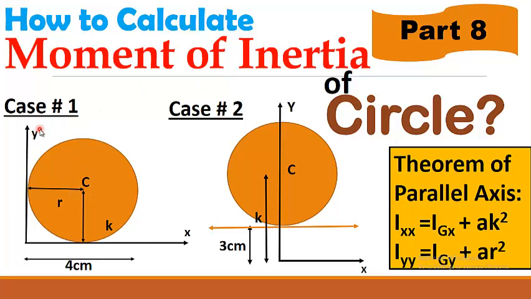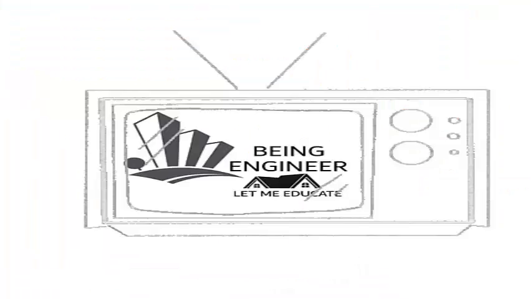In case number 1, the reference axis is attached to the circle, whereas in the second case the reference axis, that is the x-axis, is a few centimeters apart from the circle and the y vertical axis passes through the centroid of the circle. Guys, if you don't know what moment of inertia is and what the theorem of parallel axis is, you need to watch the previous parts of this series. So let's start today's topic.